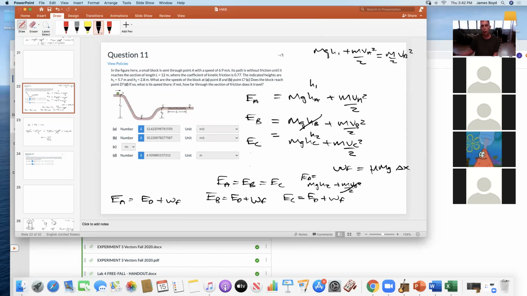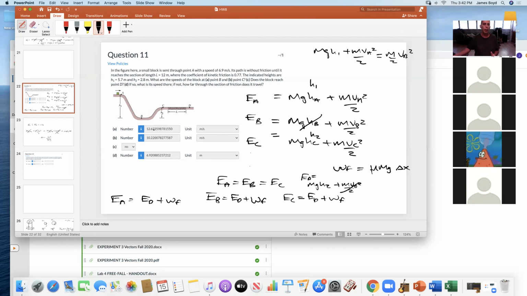But this is just practice on doing energy with friction, with work due to friction, and where to put it. EA is equal to EB is equal to EC because there's no friction anywhere here. All you do is write mgh plus mv squared over 2 for each of them, and then figure out if you know h or v, or solve for them. But when you get to D, you have to account for the friction that took energy out of the system, okay?